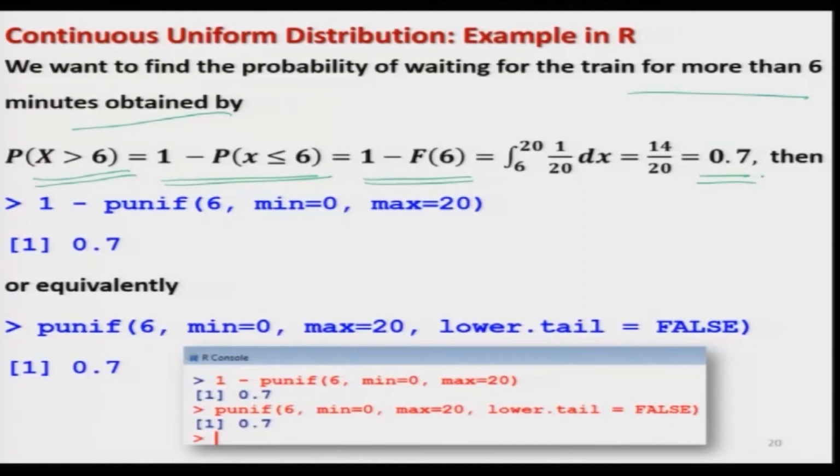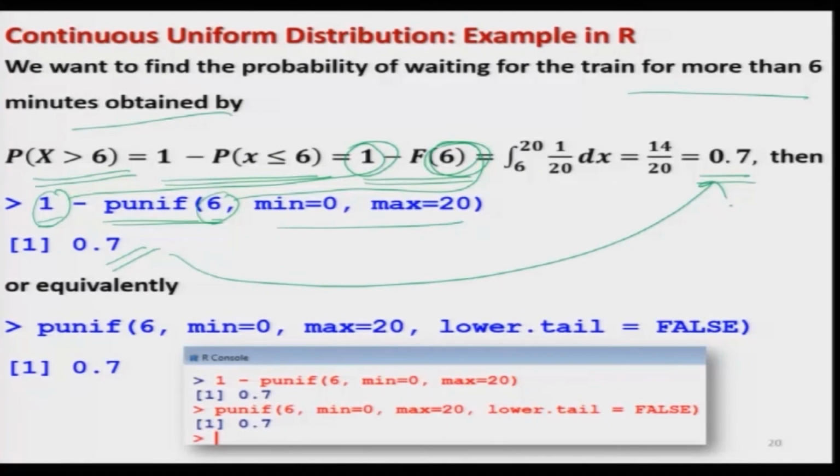This probability can be obtained in R by 1 minus punif at x equal to 6. This 1 corresponds to this one, and this 6 corresponds to this 6, right. And then these are the uniform distribution range, and this value will come out to be 0.7, and you can see this is the same value that you obtained through the algebra.